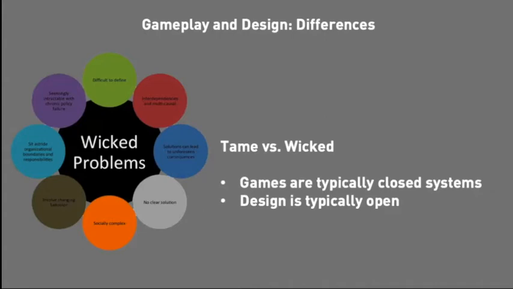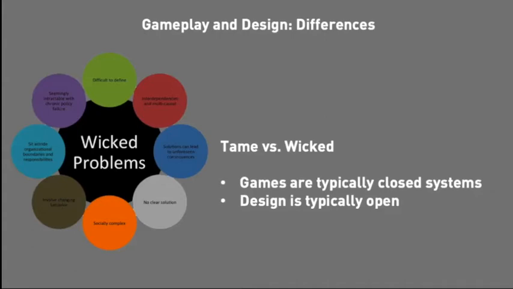These are all attributes of chess and of many card games, board games, computer games, and so forth, where the existence of rules is by definition a taming of that world.